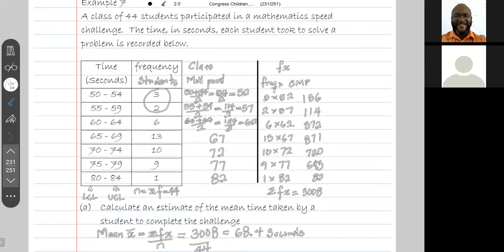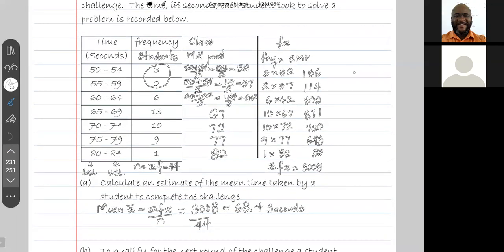My points would be like 52, 3, 57, 2, 62, 6, 67, 13. These are the points I'm going to plot to draw my frequency polygon.